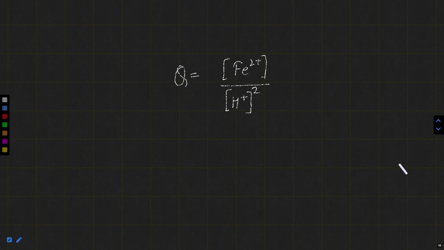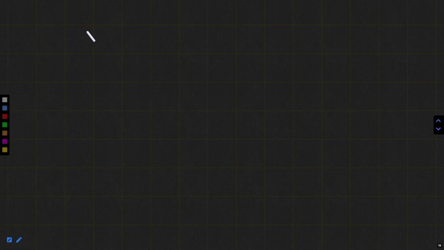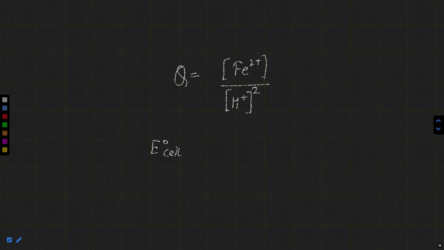Next, let us write the equation. So what is the number of electrons involved here? 2. Okay. So let us write the final equation. It was E cell is equal to E naught cell. So we have to calculate the E naught cell value also. How will you calculate it? Let me see the value for Fe2+.